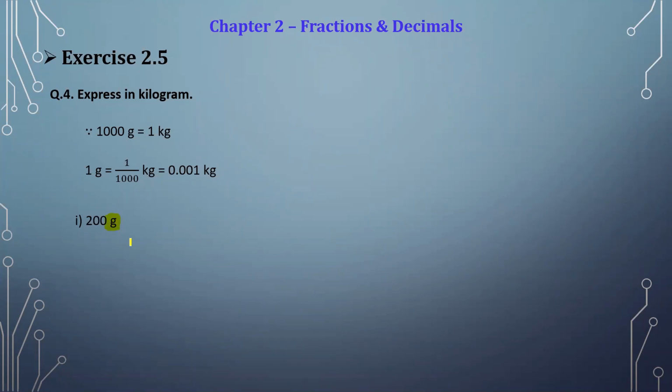For that purpose, we are going to use this relation: 1 gram is equal to 1 upon 1000 kilogram, or we can also put the value 0.001 kilogram. That value is also acceptable, no problem. Any relation we can use, either 1 upon 1000 kilogram or 0.001 kilogram.